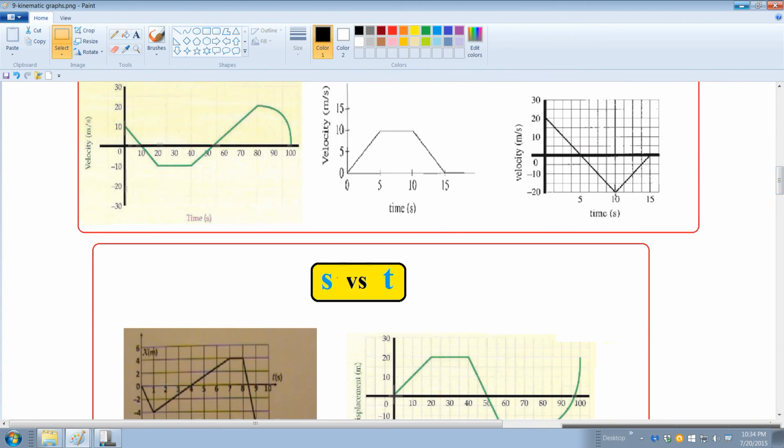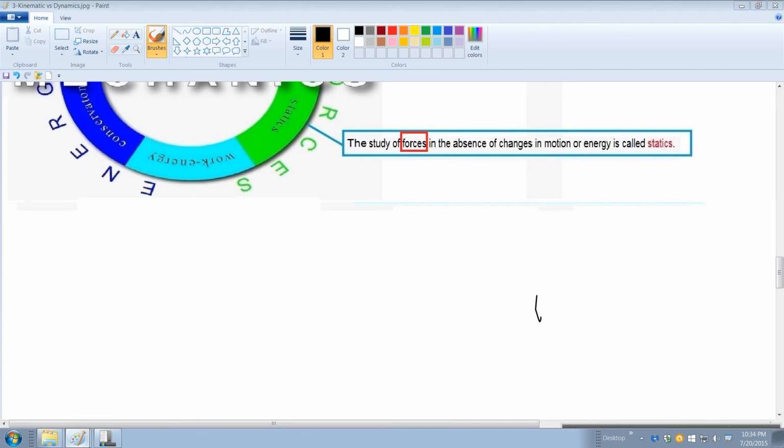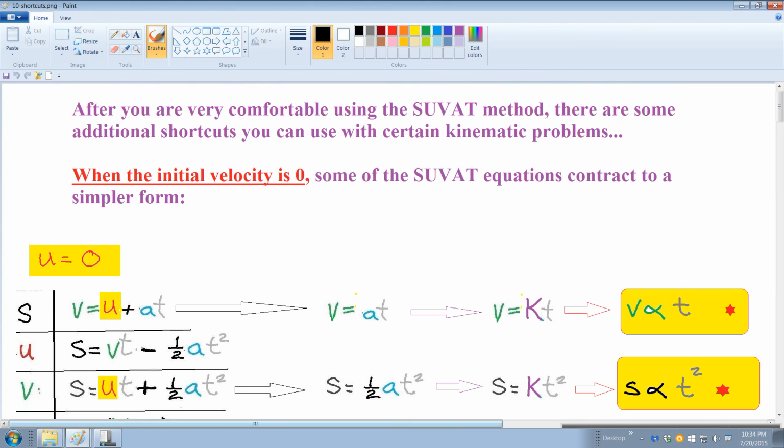Okay. Now the last thing I want to mention is shortcuts. I'm not going to go over shortcuts because the video's definitely gotten long enough, but I do want to acknowledge them. The reason I'm not mentioning shortcuts is because students want to find these easier, softer ways right away, and they're fine once you get the fundamentals down.